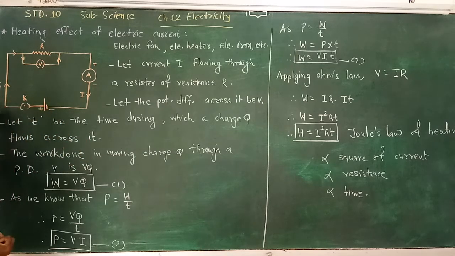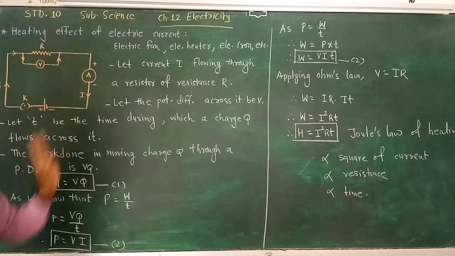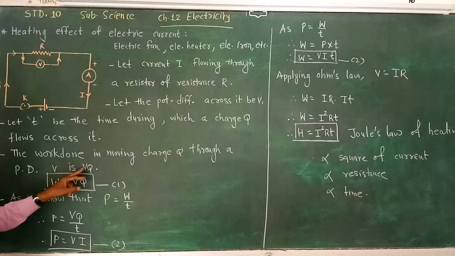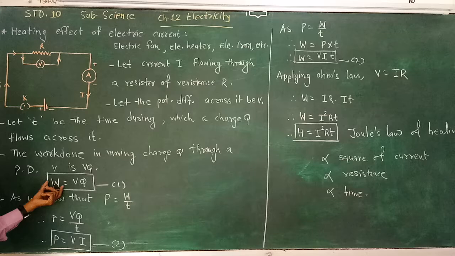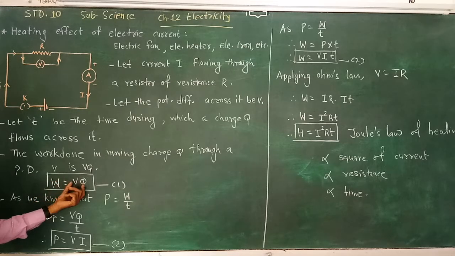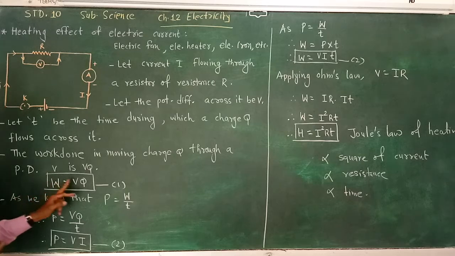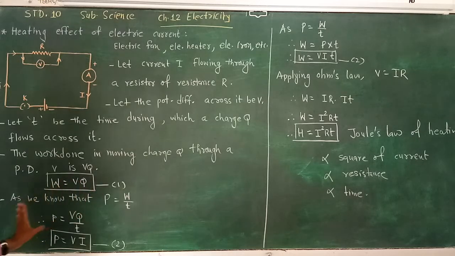When the key is on, the charge Q will flow through the circuit. So W, that is work done, is equal to V into Q. W is the work done, V is the potential difference, and Q is the electric charge. This is equation number 1.